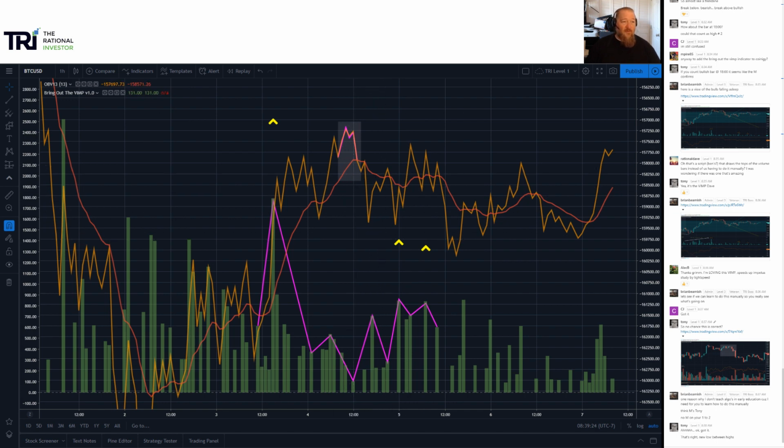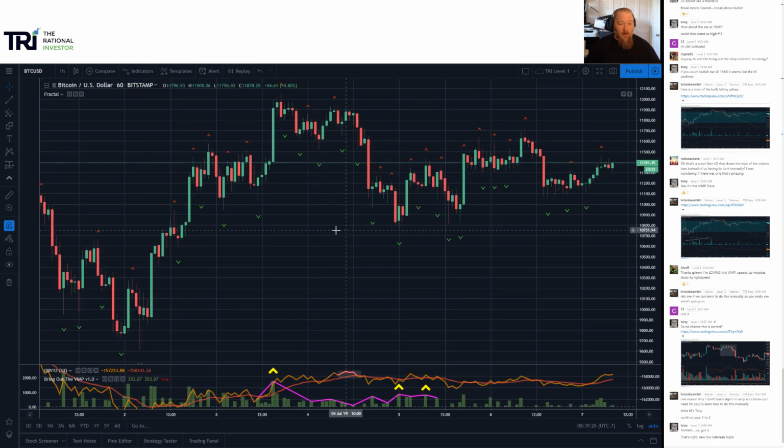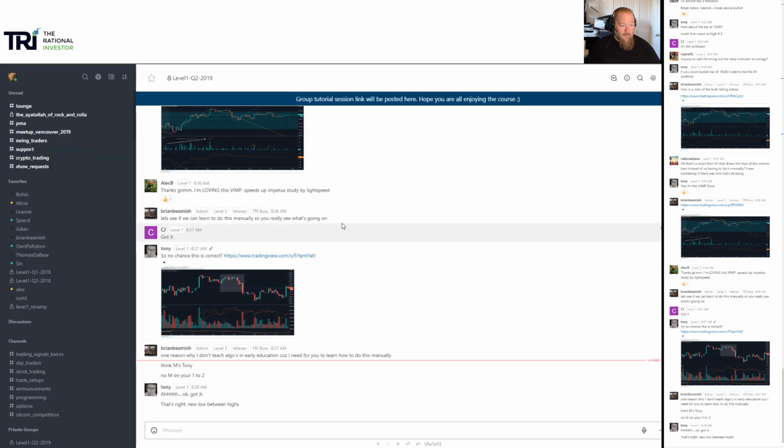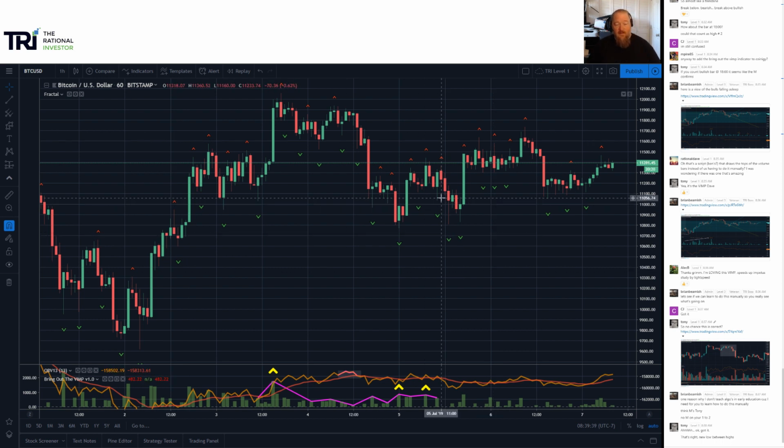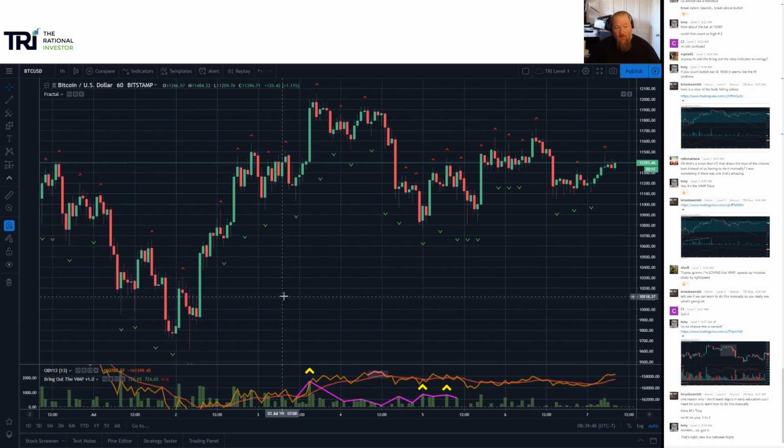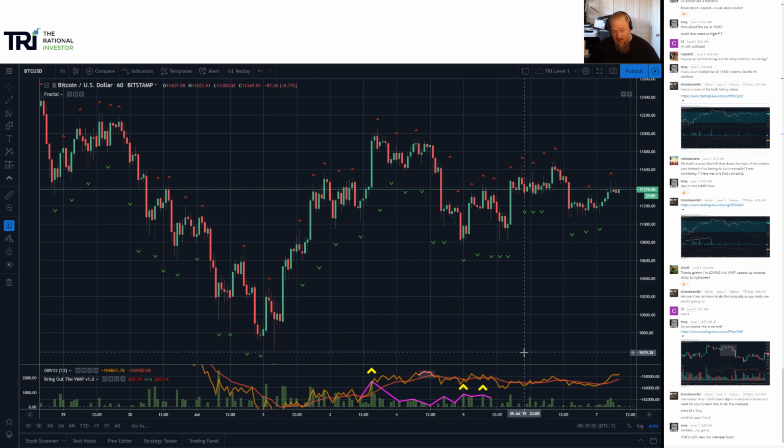Does that make a little more sense? Hopefully. This is a hard concept to grasp, so please ask questions. As Brian says, he's talking to respond to Tony, but it's a good analysis. Think of these as IMs that we're looking for. We want lower highs, which doesn't mean just a straight line down. We want to see test, test lower, right?